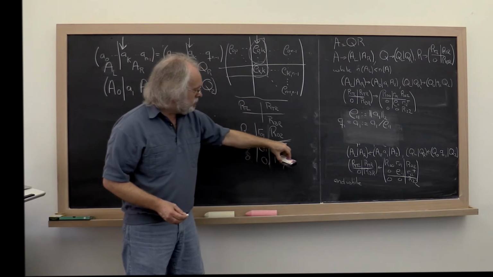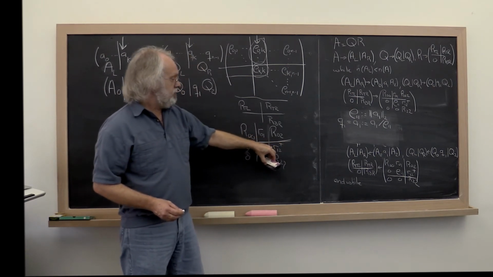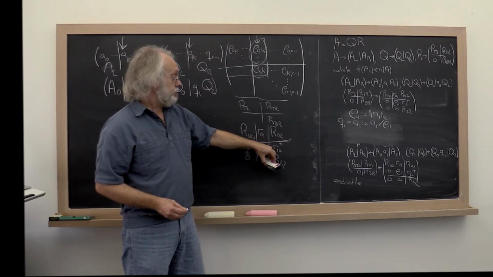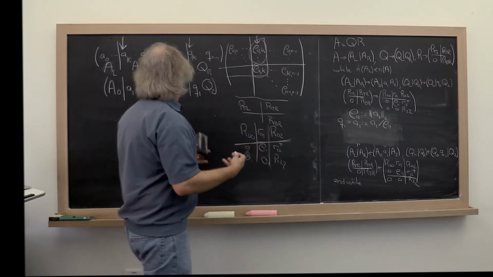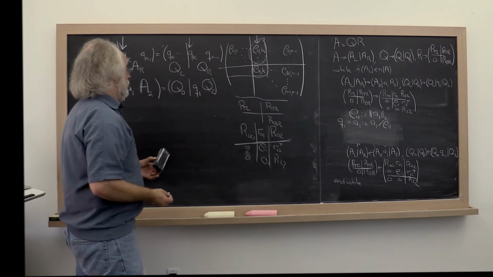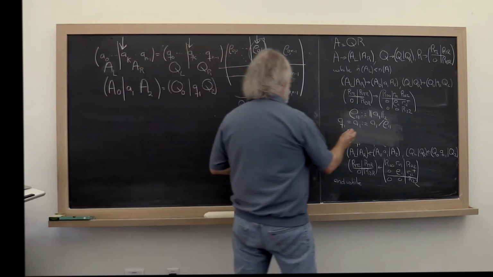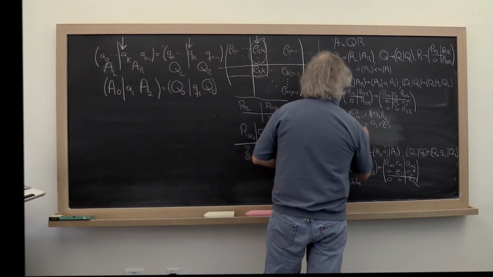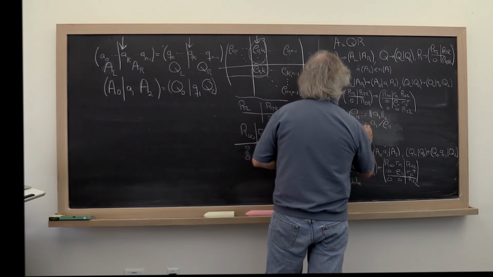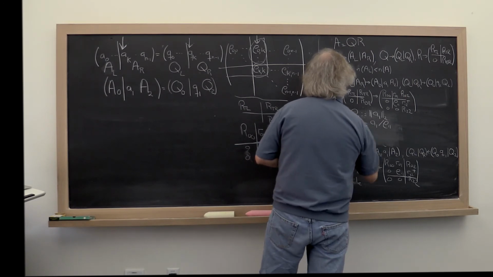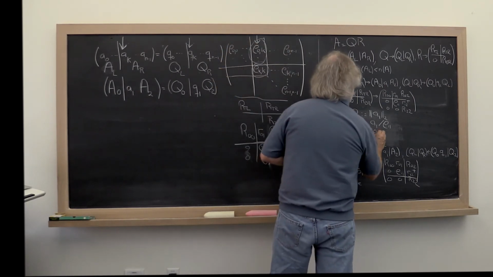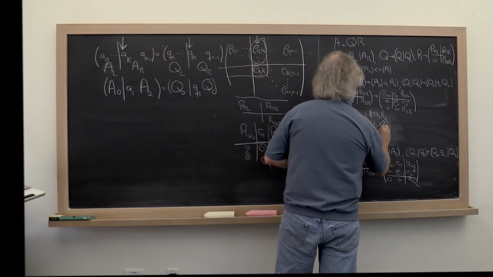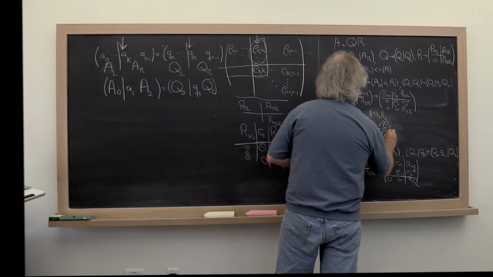That means that you want to compute all of these coefficients right here. Now, how do we compute those coefficients? Well, we have reasoned through that R12 transpose is equal to Q1 transpose times A2.